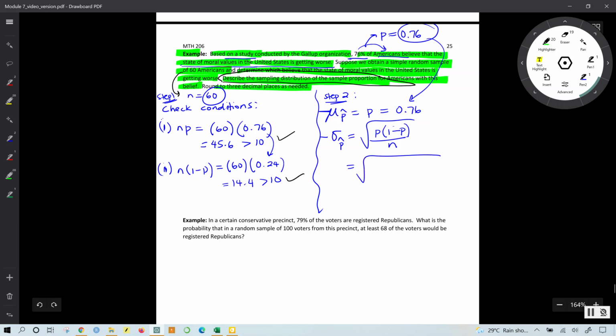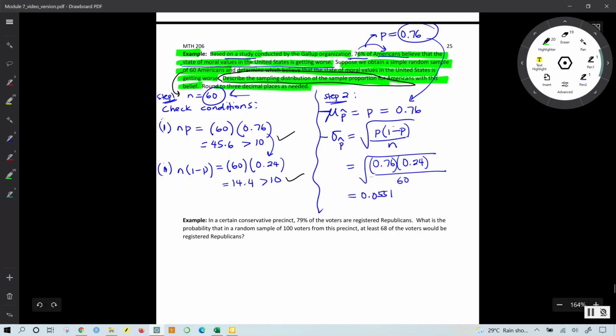So that will be the square root of 0.76 multiplied by 1 minus 0.76, which is 0.24, divided by 60. n is equal to 60, and this will give us 0.0551.